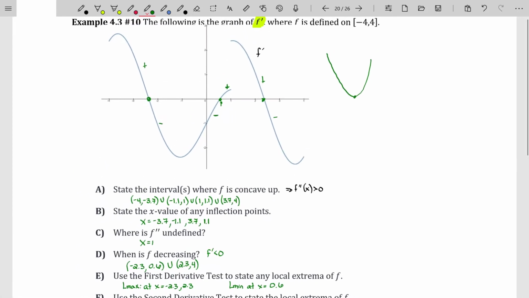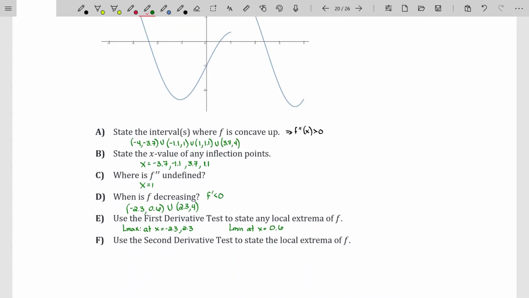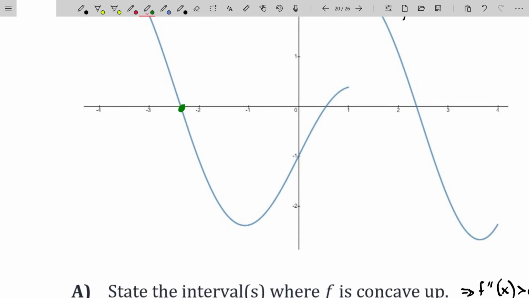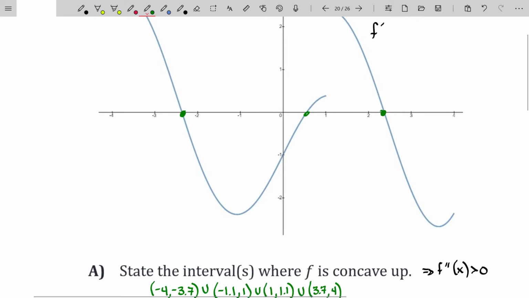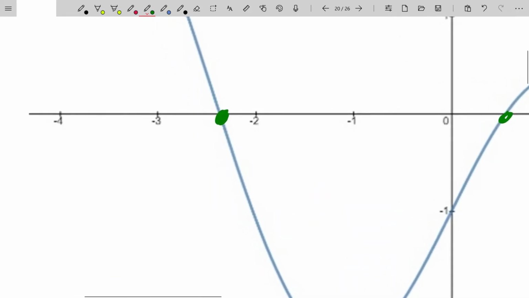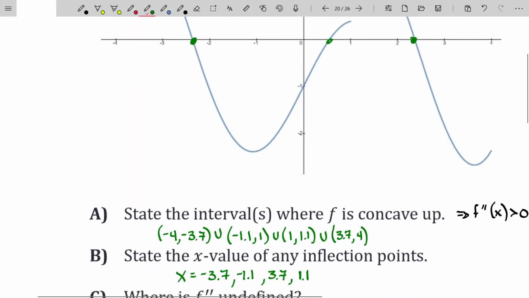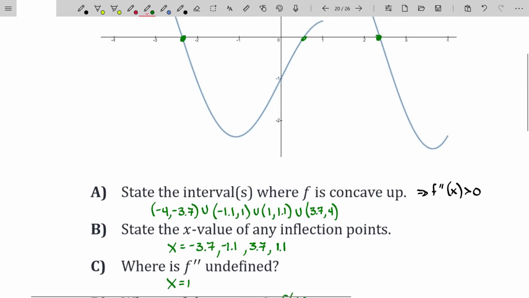All right. So that's using the first derivative test, or you could have used the second derivative test if you really wanted to. The second derivative test says all I'm looking for is when my derivative is 0, which is right here, here, and here. And I want to look at the concavity at those points. So at x equals negative 2.3, are we concave up or concave down?